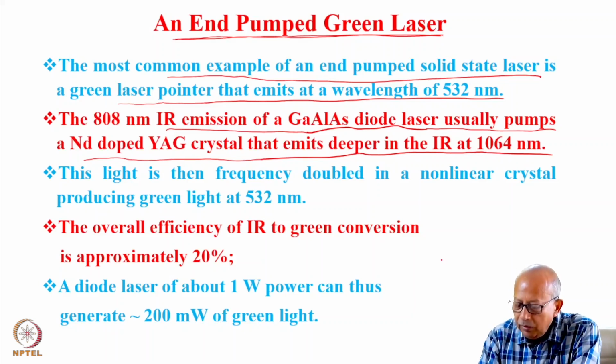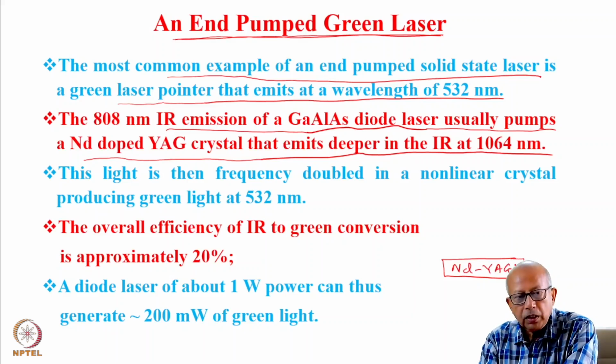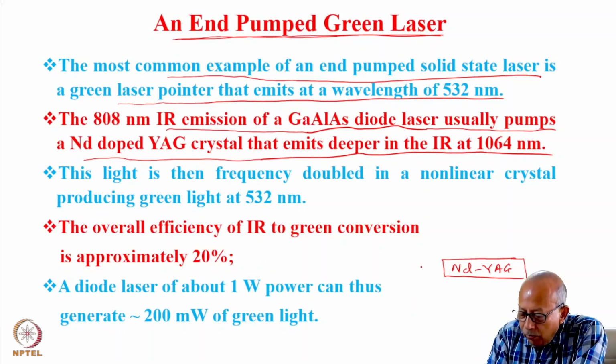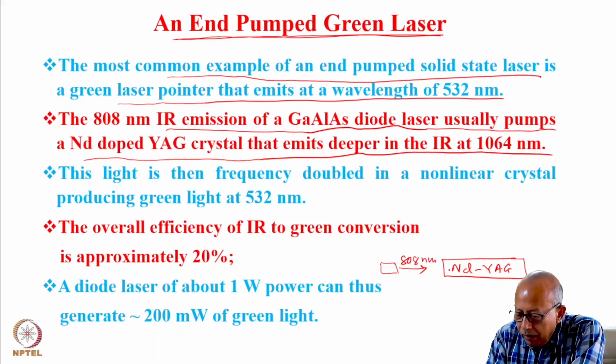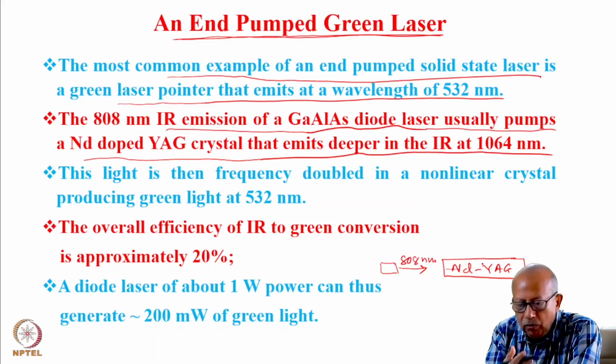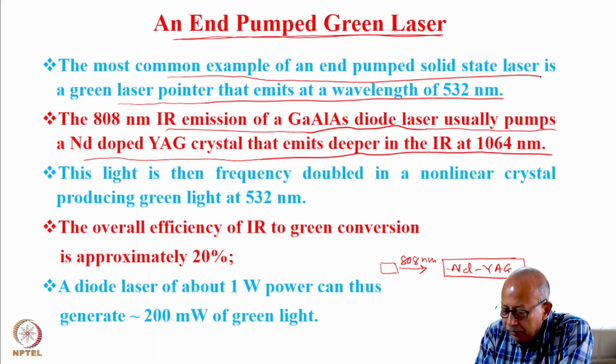So basically you have the Nd:YAG doped solid state laser. Then you pump it, this is your diode laser. The diode laser operates at 808 nanometer and pumps it the way we have already described before, and then it emits at 1064 nanometer wavelength.